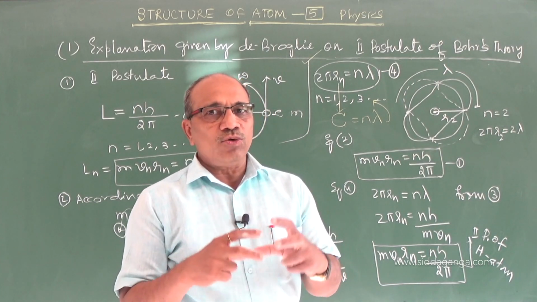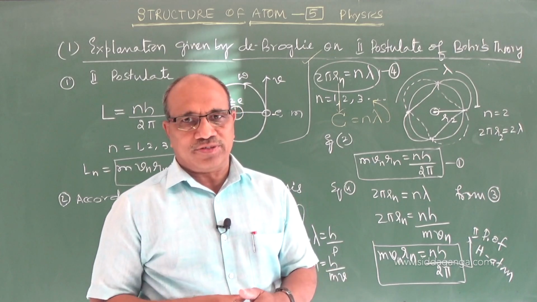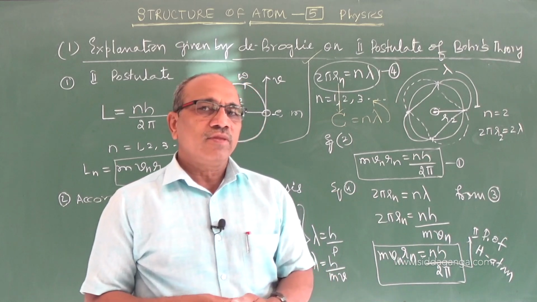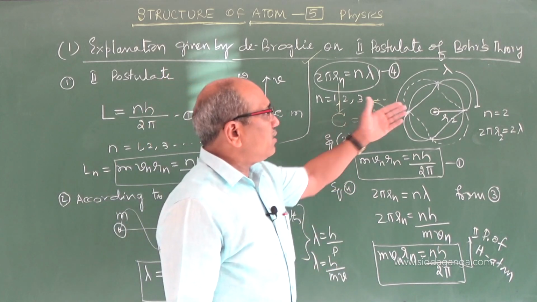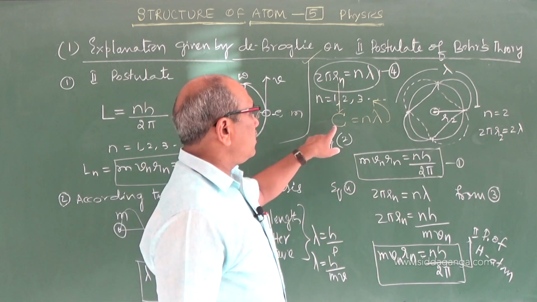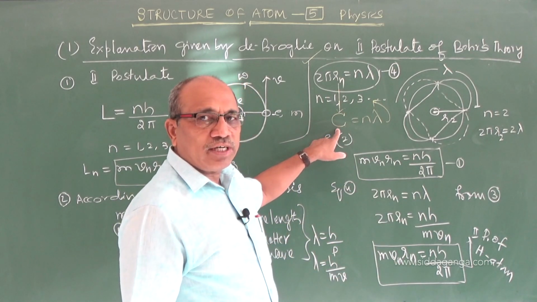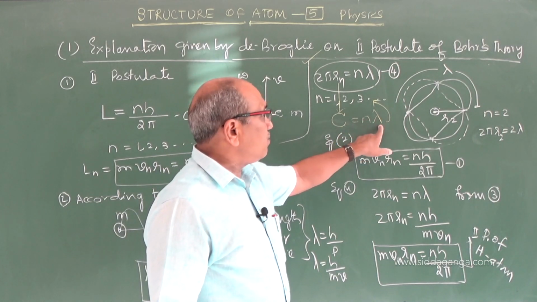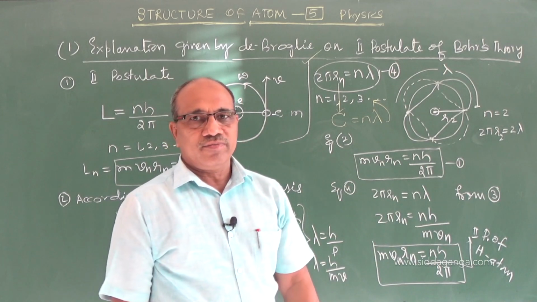It should become a closed loop of stationary waves. So it is possible for different values, such that the circumference of the orbit of the electron round the atom must be equal to an integer multiple of the wavelength.